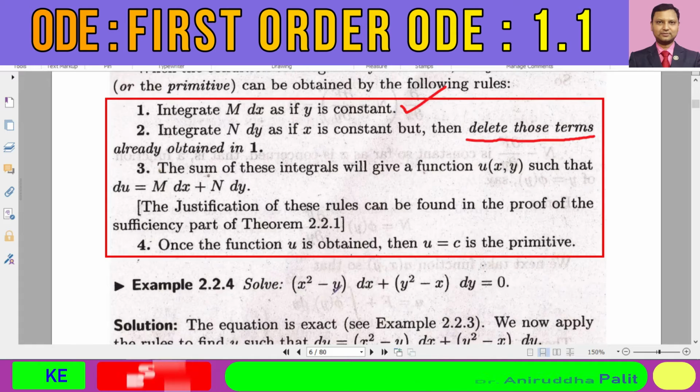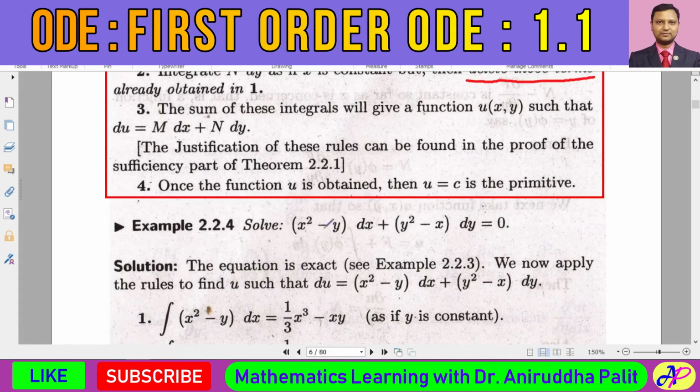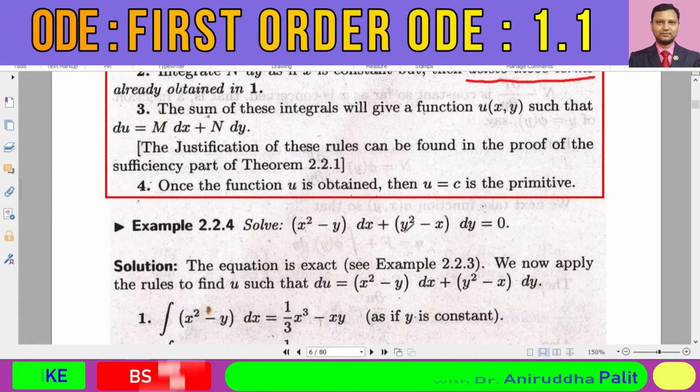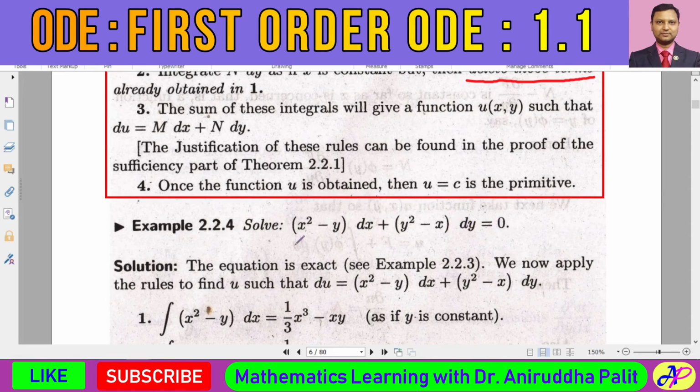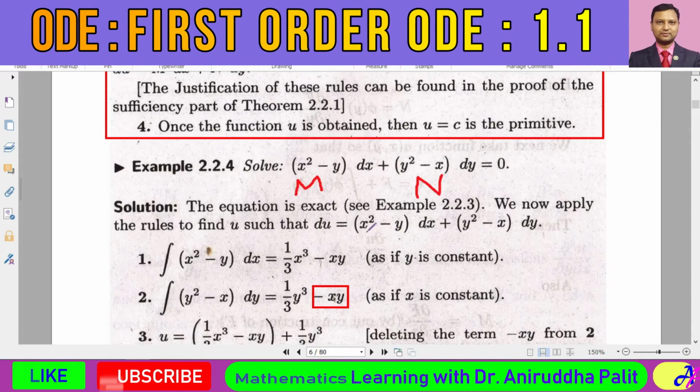Over here, consider this expression (x square minus y) dx plus (y square minus x) dy. So this is our m, and this is the function n. M is equal to x square minus y. So if we integrate this m with respect to x, keeping y constant, we integrate this x square and we will get x cubed by 3.